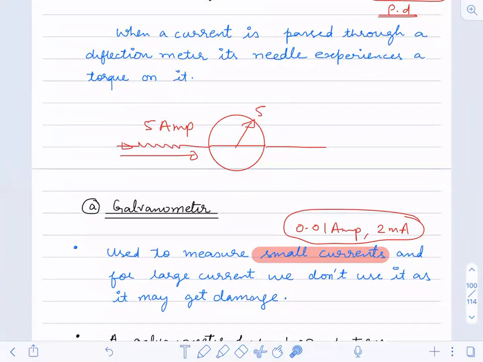Now suppose instead, at 5 ampere it is showing this reading, that means 5 ampere was here. So now is it deflected full?